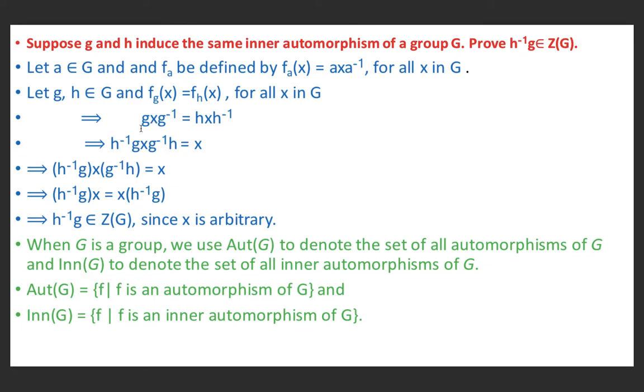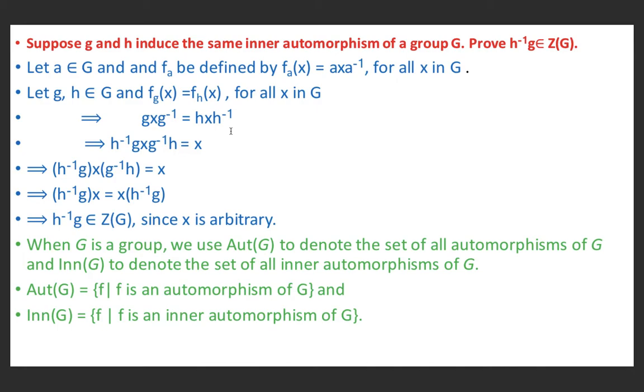If we pre-multiply both sides by h inverse and post-multiply by h, then we get h inverse g x g inverse h equal to, here if we multiply by h inverse, h inverse into h is equal to e and e into x is x. If we post-multiply by h, then h inverse h is nothing but e and x into e is x, because h is an element of a group.